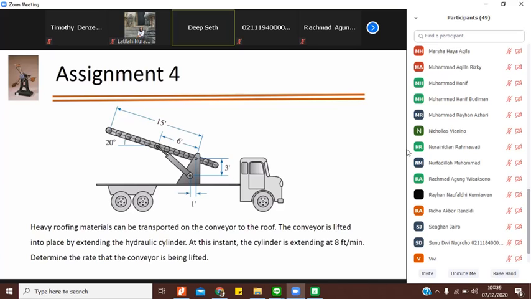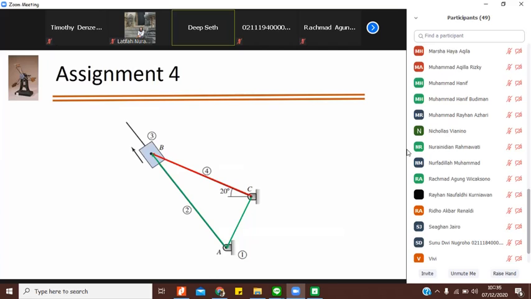So here you have assignment number 4. You have a conveyor or a plate which, using a hydraulic ram, you lift up at some angle. If we make a kinematic diagram of this mechanism, you will see it's something like this, right?